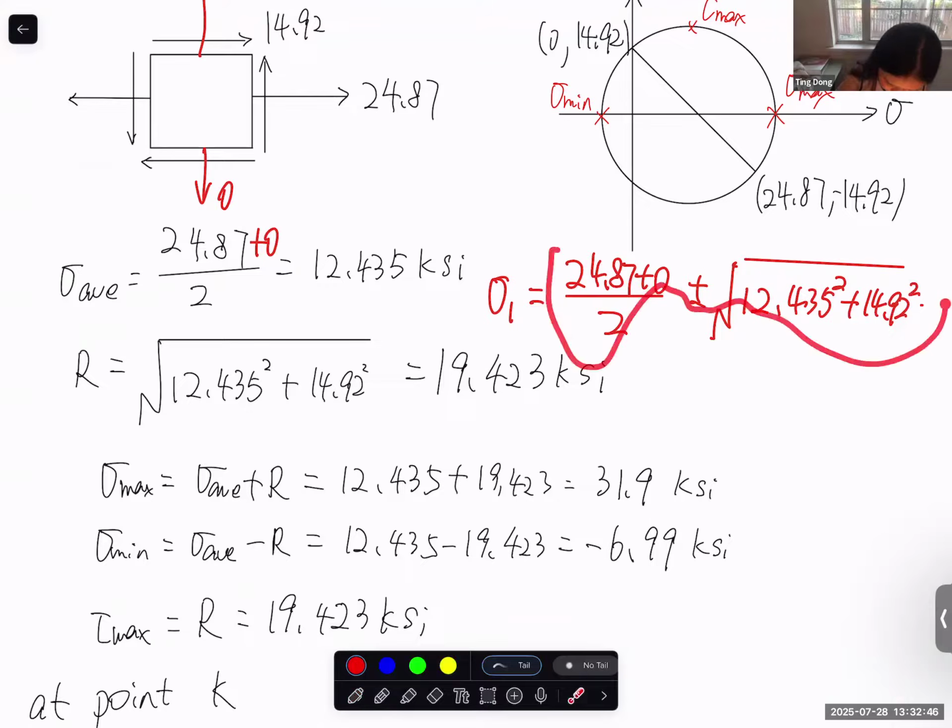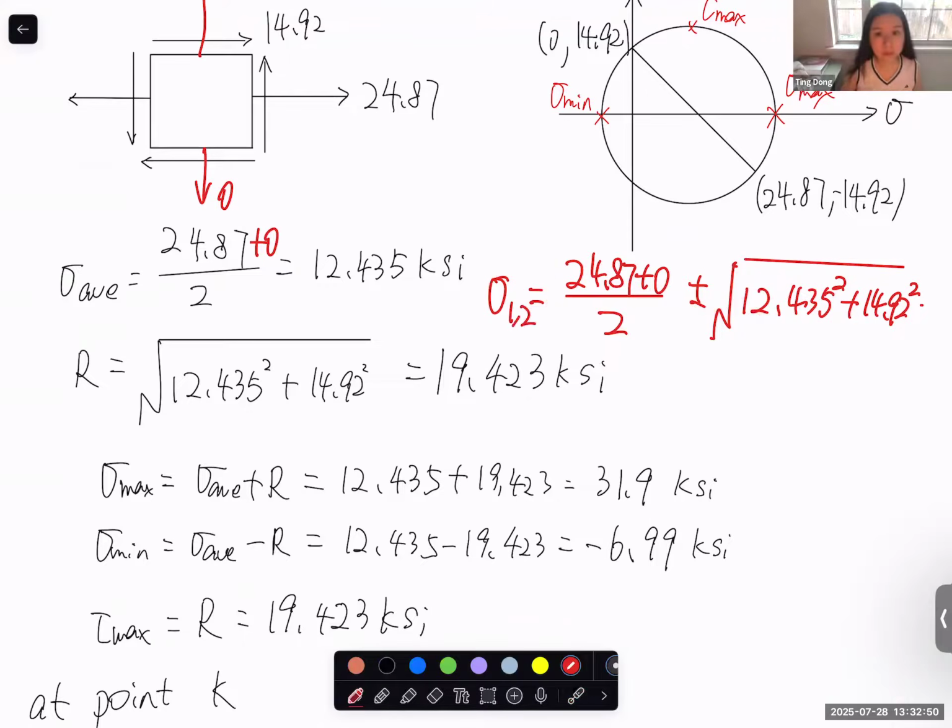When you use plus, it's sigma 1. When you use minus, it's sigma 2. Does this make sense or not? You need to give me some feedback.